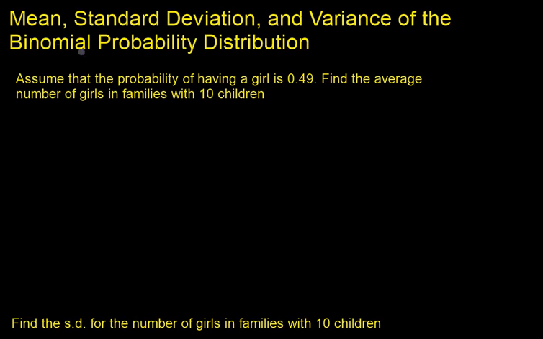Remember, the average or the mean of a probability distribution function is the same thing as the expected value. From before, when we were finding the expected value of probability distribution functions, we discussed this formula: mu, which is also E of x, equals the sum of x times p of x.